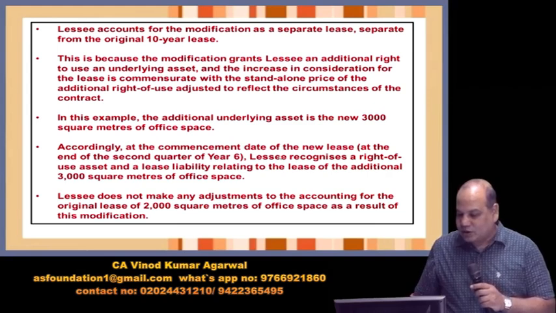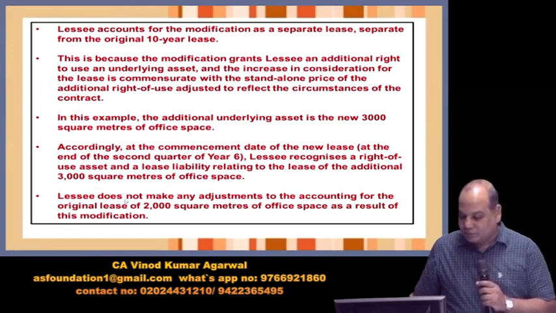Accordingly, at the commencement date of the new lease, that is the end of the second quarter of year 6, lessee recognizes a right of use asset and a lease liability relating to the lease of additional 3000 square meter of office space. Underline, lessee does not make any adjustment to the accounting for the original lease.